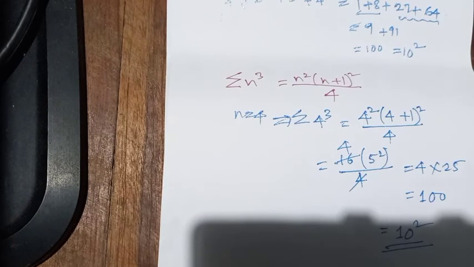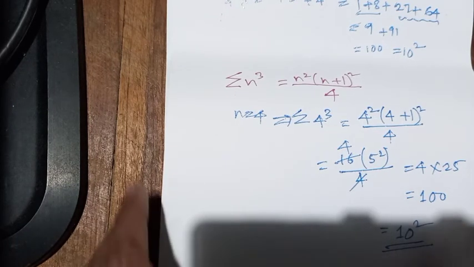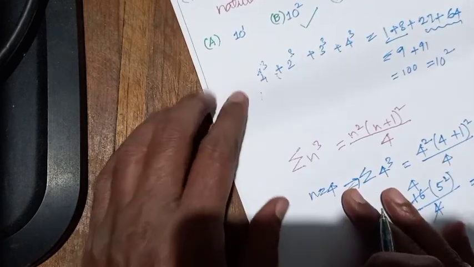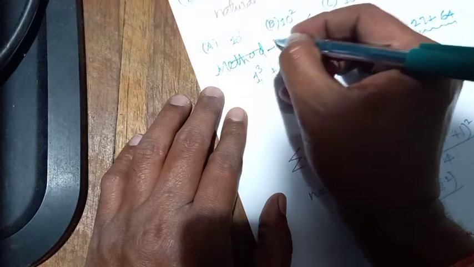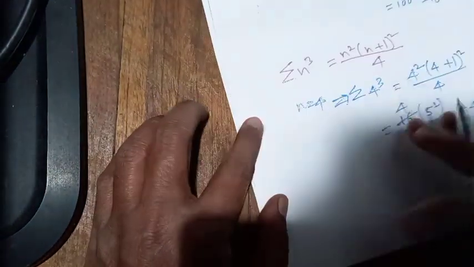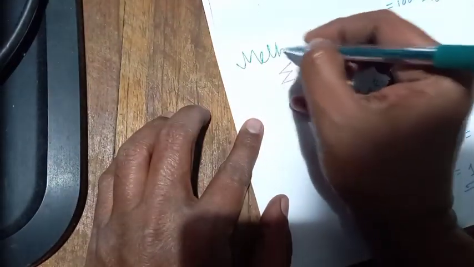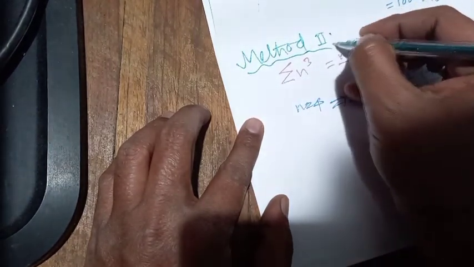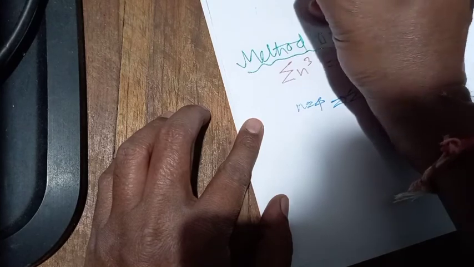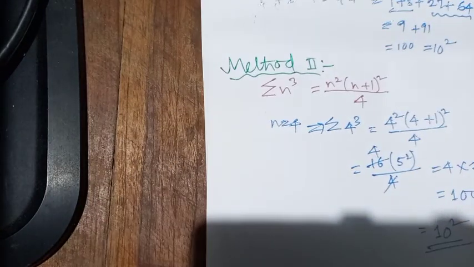So this is by applying the formula, and the first one is without the formula. Method 1 is without formula, and method 2 is with formula.